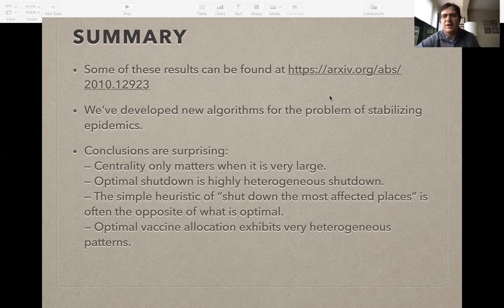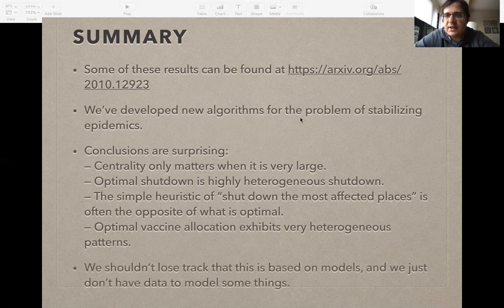And the major lesson I'm drawing from this is that once you run these algorithms, you obtain conclusions that, from the point of view of network science, are very counterintuitive. I mentioned some of these counterintuitive conclusions here.